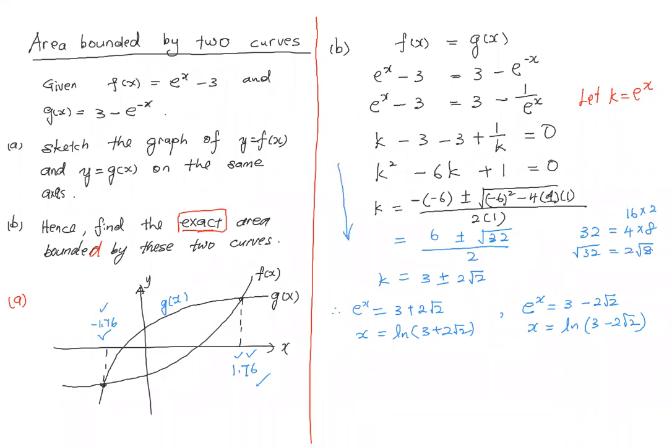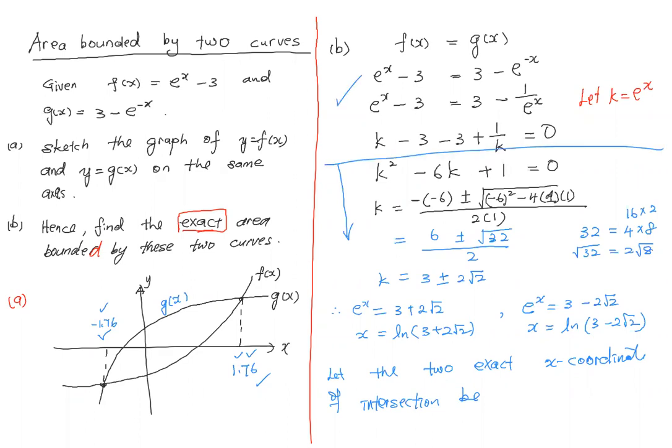All right? So what you just need to do is say, let the two exact x coordinates of intersection be, you don't know because you cannot solve. So from here, at least they give you 1 mark. Then after that, you don't know what to do already, but don't just give up.